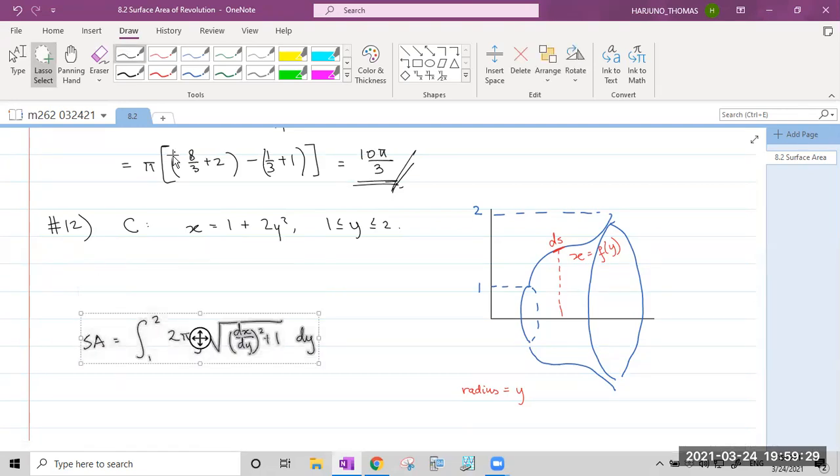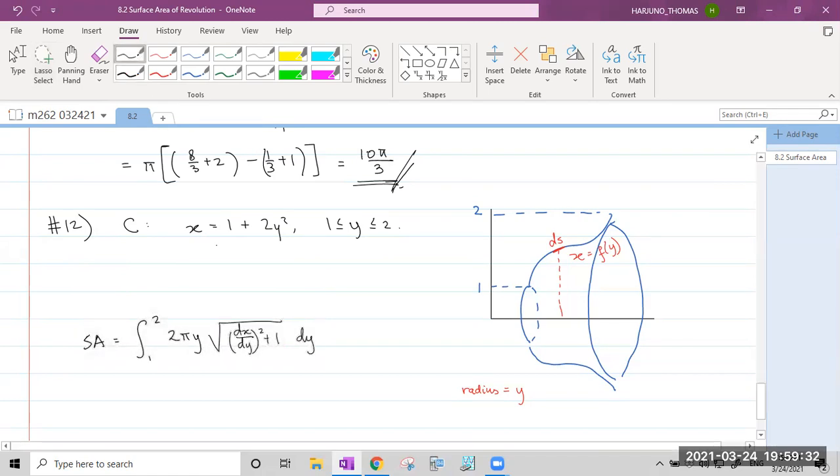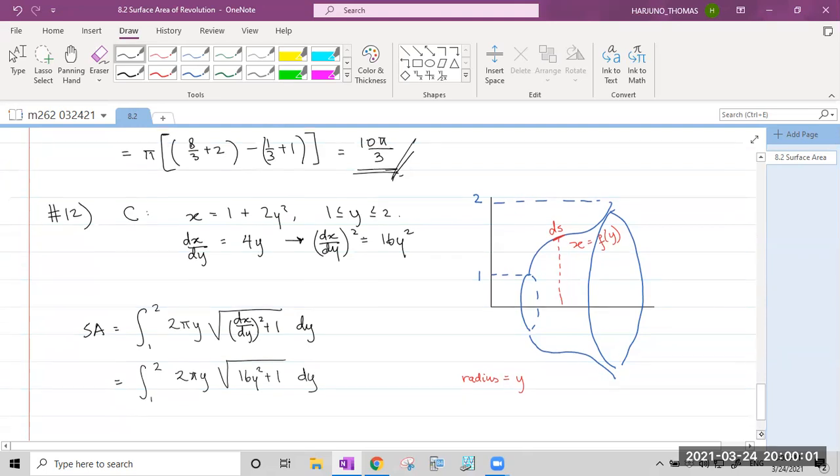Now let's see what dx/dy is. That is 4y, therefore (dx/dy) squared will be 16y squared. That's 16y squared plus 1 dy. Am I too fast?